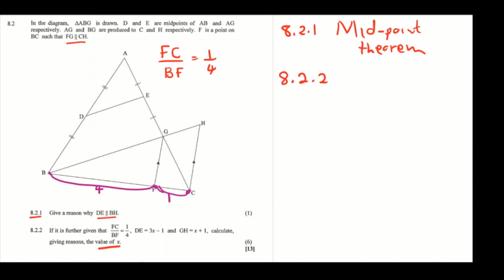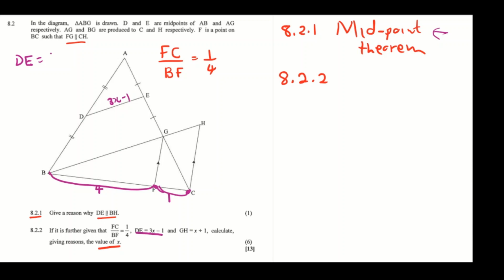And then now, you are given that DE is 3x minus 1. So here it's 3x minus 1, right? So remember we said that this diagram follows a midpoint theorem, right? We stated in the previous question. So what it means is that DE is twice, no, I'm lying.